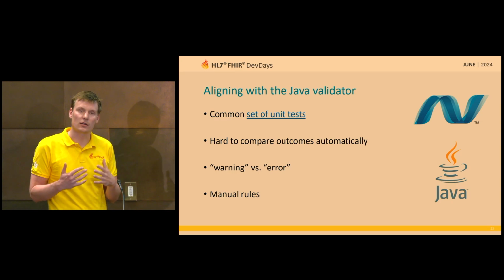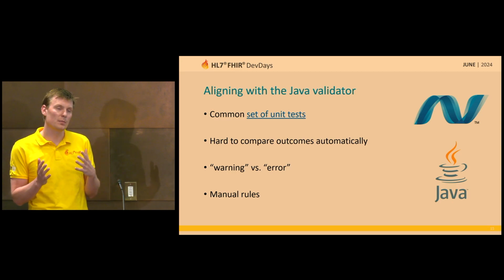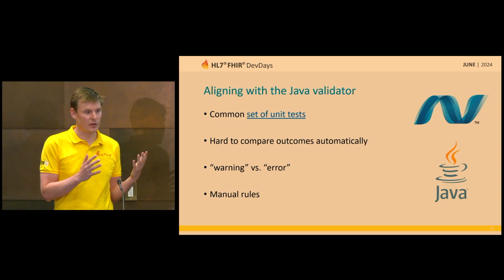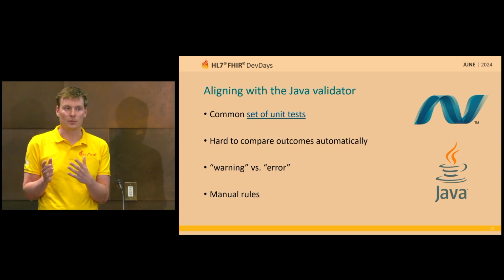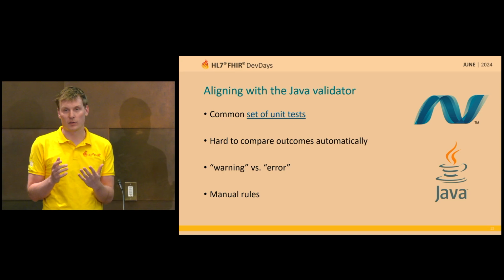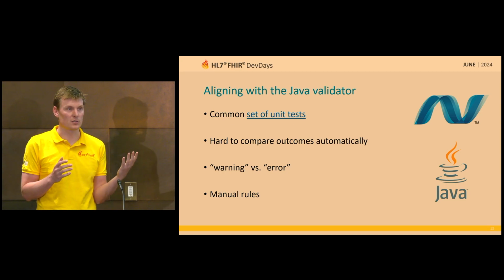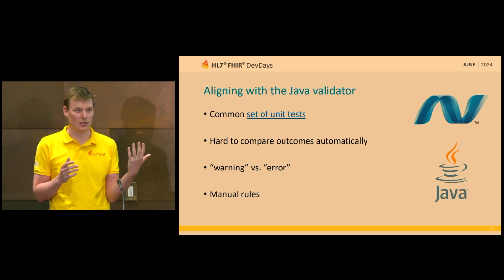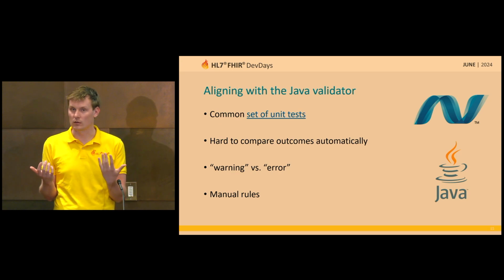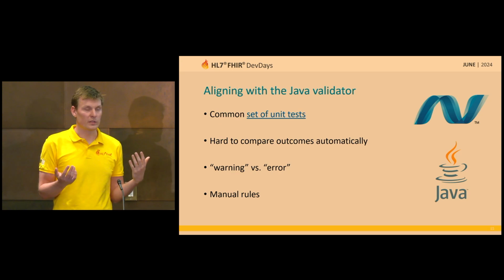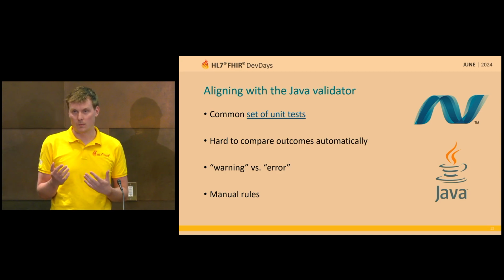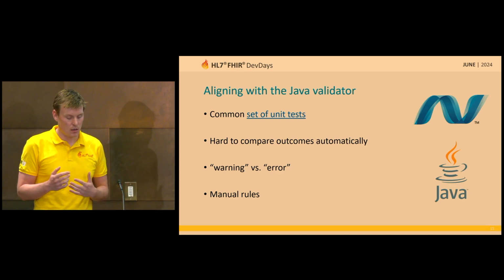We want to align those because we don't want people to have another experience using the Java validator than we want them to have using the .NET validator, because that would be a really big problem, right? If you have a resource and the Java validator says it's incorrect, and we say it's correct, you don't know as a user who is right or wrong. So we try to align with the Java validator.